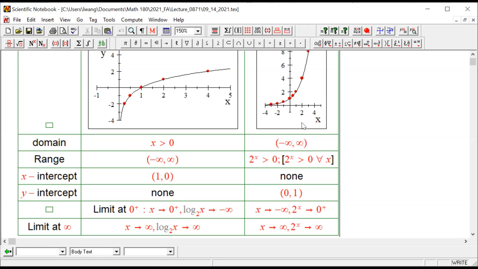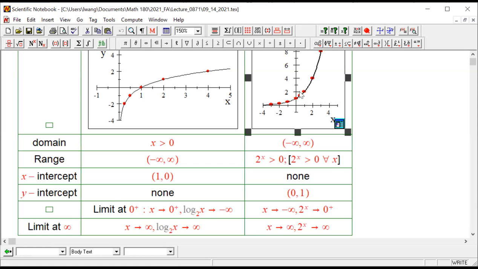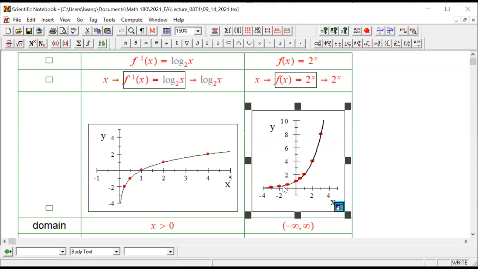Okay, which is this piece, right? Do you guys see the arrow I used? As x approaches negative infinity, the height, 2 to the power x, is getting lower and lower and lower.